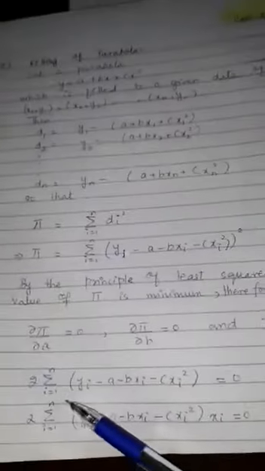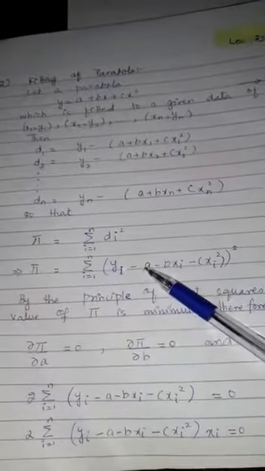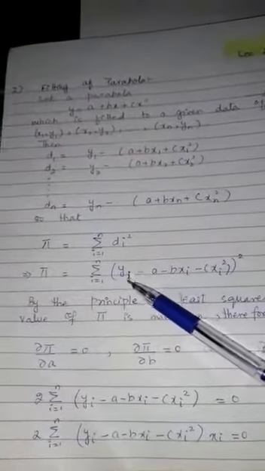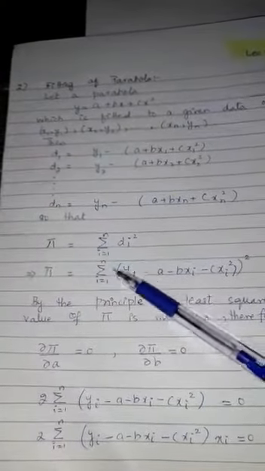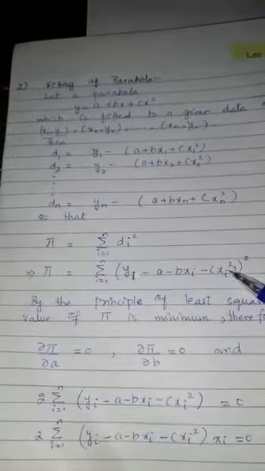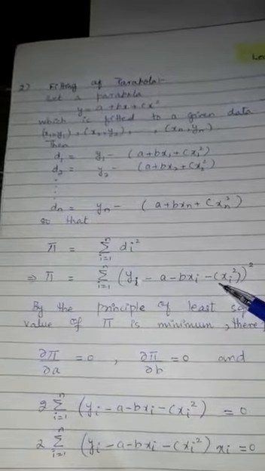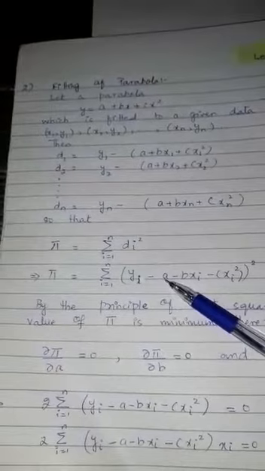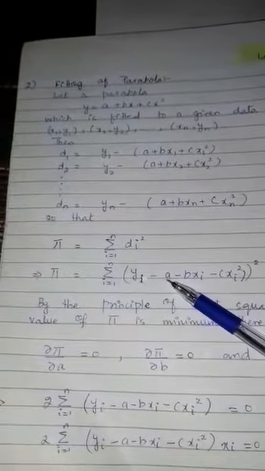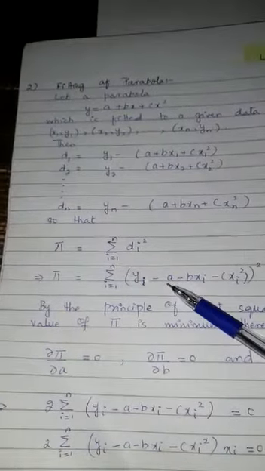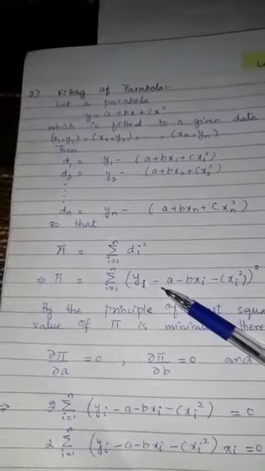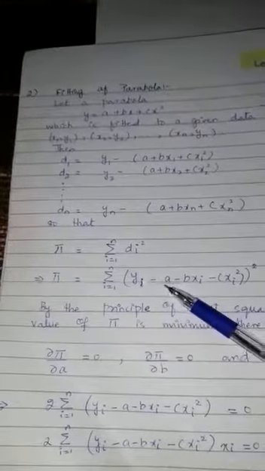Right? Now I will show you that if I have this equation and I consider all these x as constants, and suppose a as a variable, because I have to minimize this equation with respect to a.